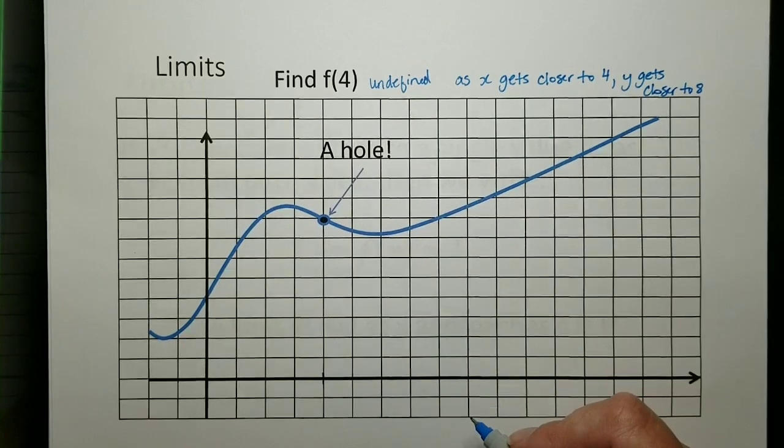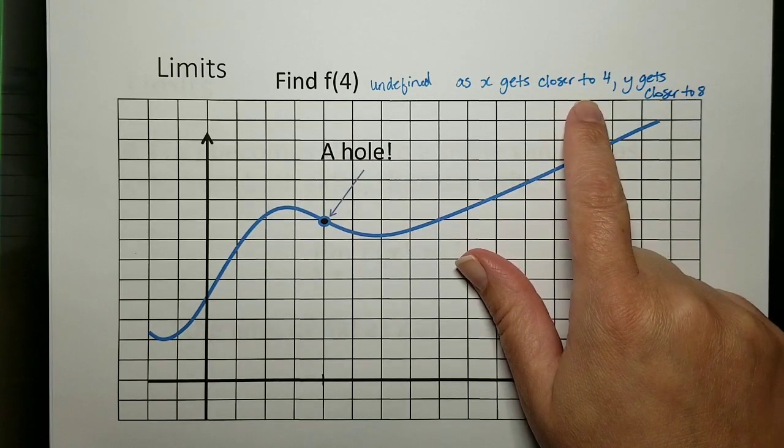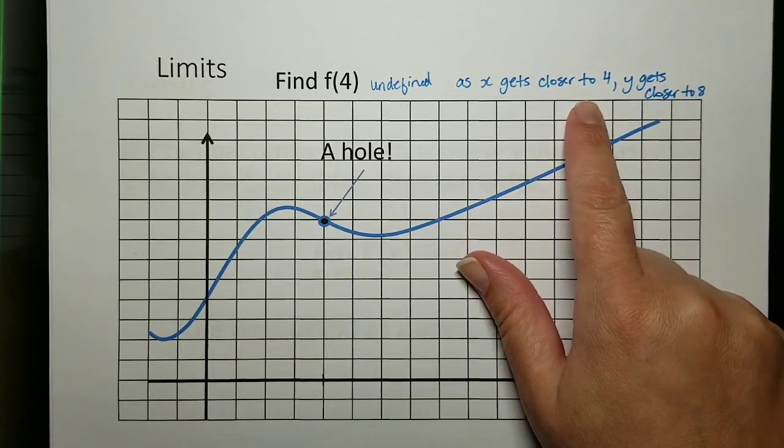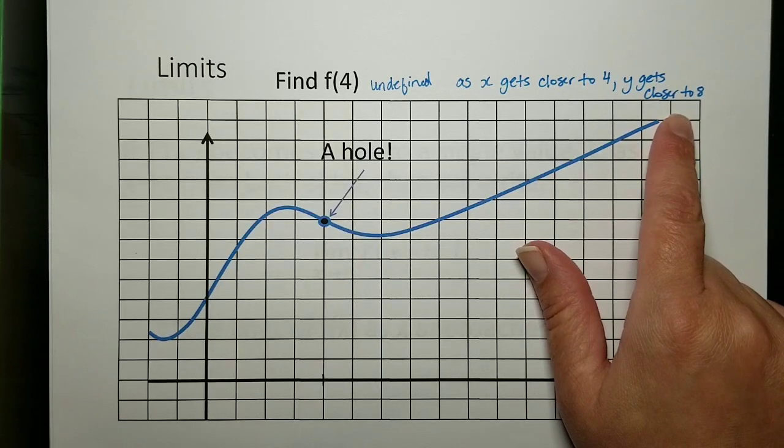And that's really what a limit is. That's talking about what is happening to the y value as the x value is getting close to something, not necessarily what's happening at that actual point. But this description, that as you get closer and closer to 4, the y value gets closer and closer to 8, is really valuable to know about the shape of this function.